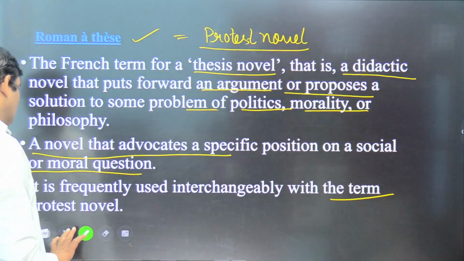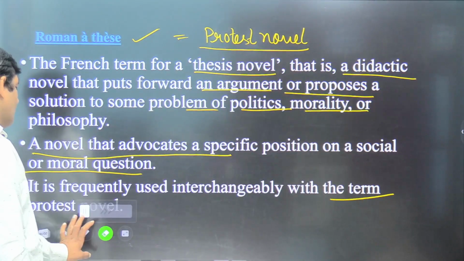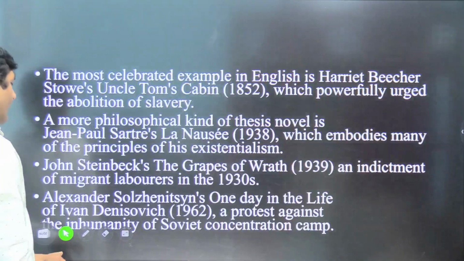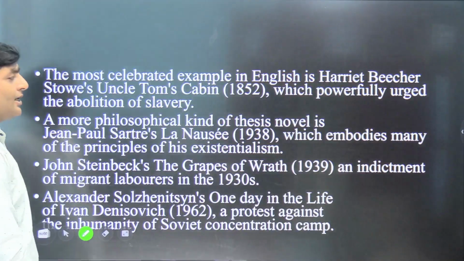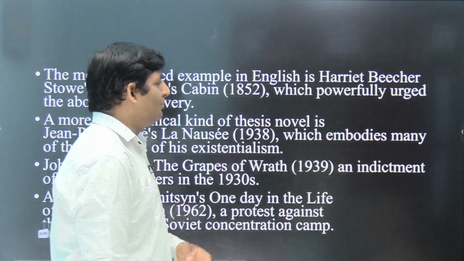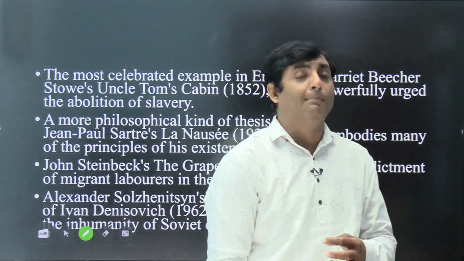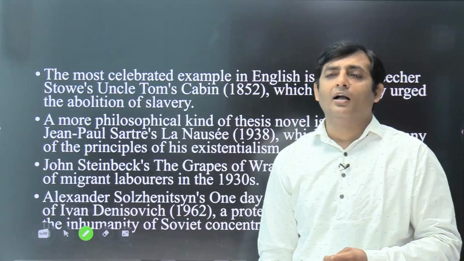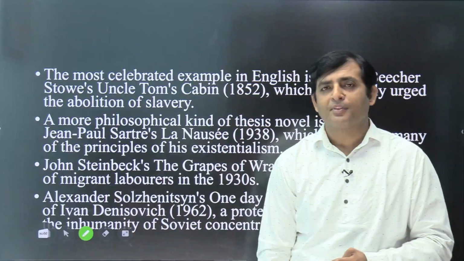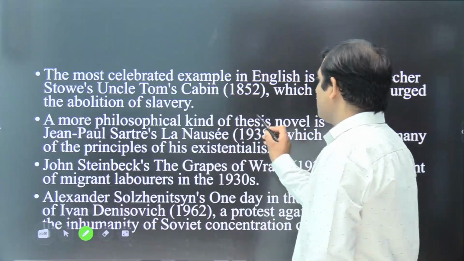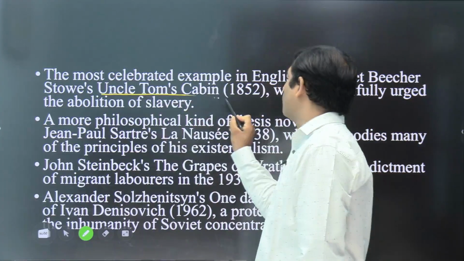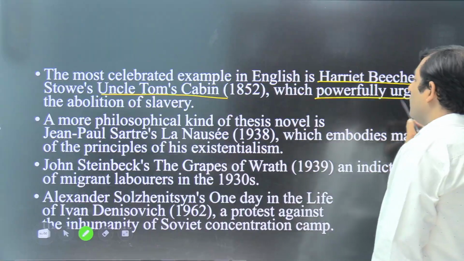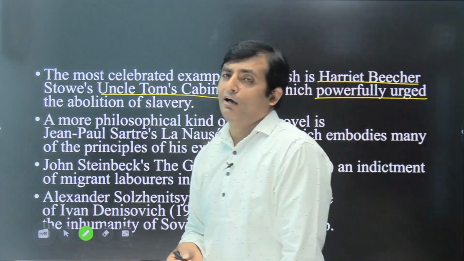And now you would be thinking of the example. Such novels were basically written in the 20th century. And in the 19th century, the most celebrated example is Harriet Beecher Stowe's novel Uncle Tom's Cabin, published in 1852, which powerfully urged the abolition of slavery.